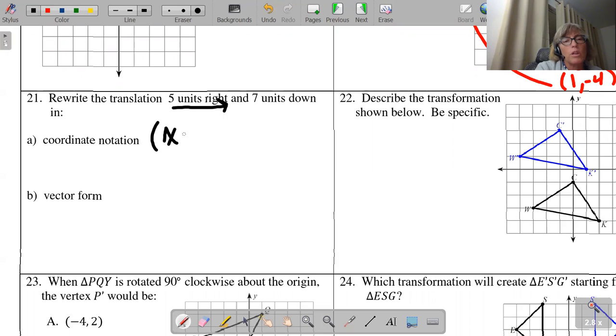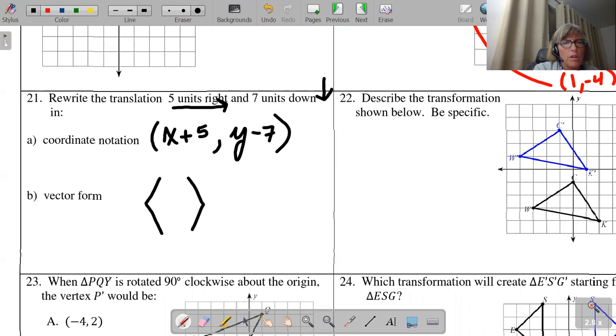That's for the x coordinate, so it's going to be x +5. 7 units down, that's the y, so that's y -7. So that'd be coordinate notation. And then vector notation is usually represented like this. To the right would be positive, and down would be negative.